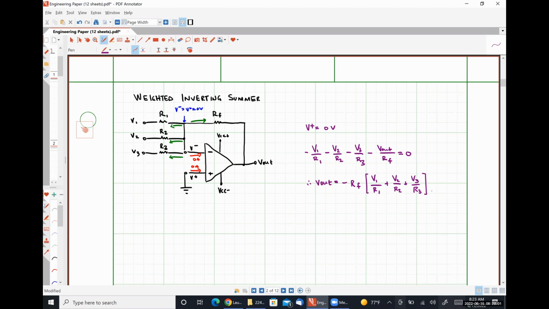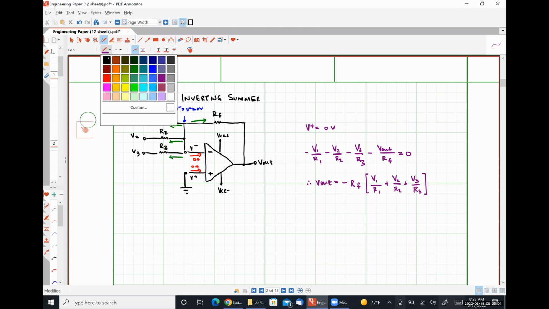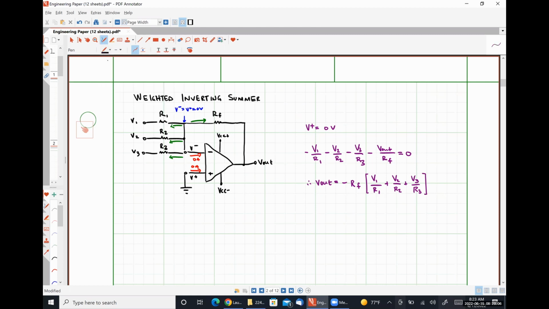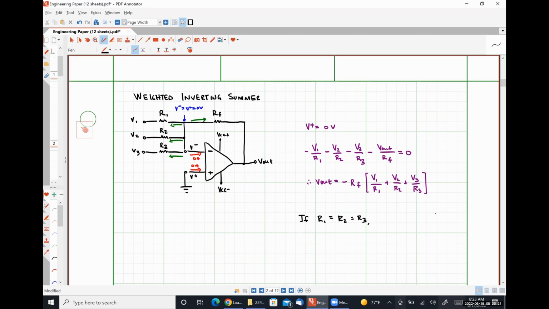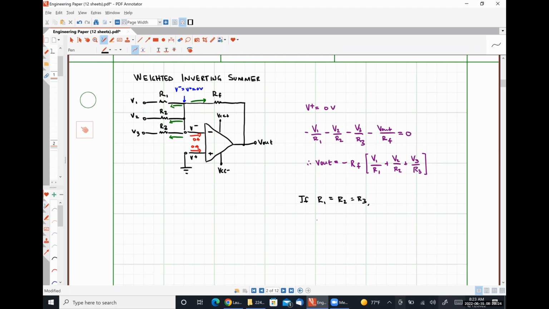If we modified our circuit very slightly, such that R1 is equal to R2 is equal to R3, we have what's called an inverting summer. All of the inputs, V1, V2, and V3, will be scaled by the same amount.